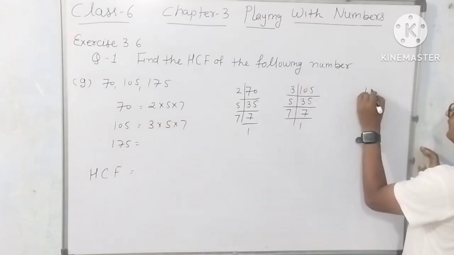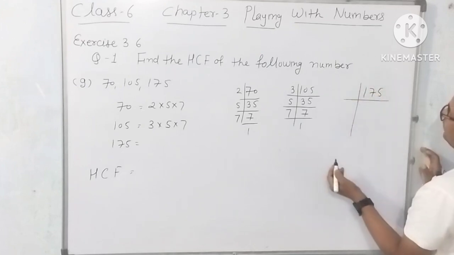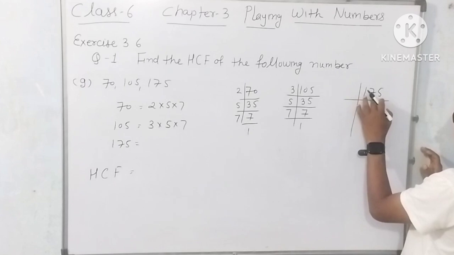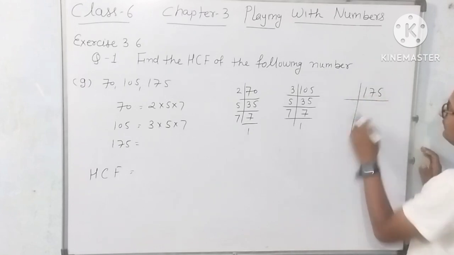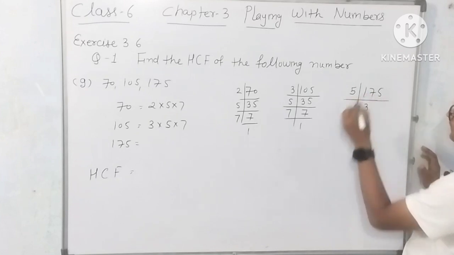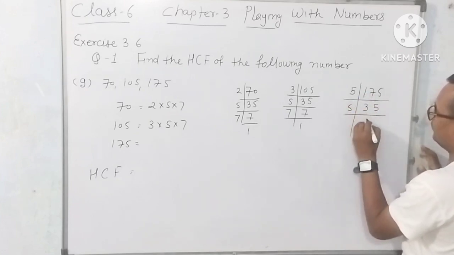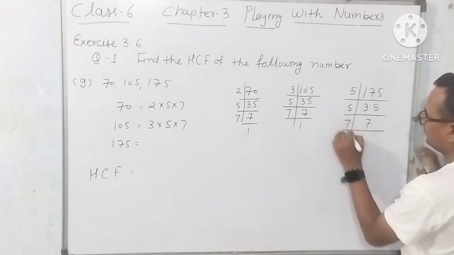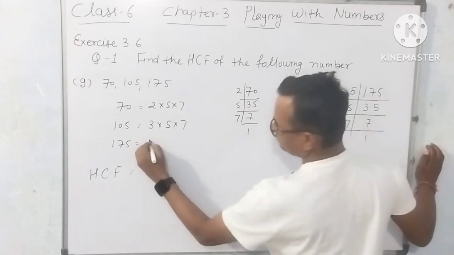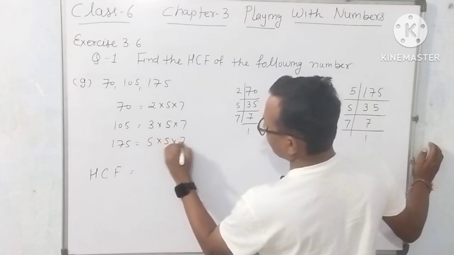Again for 175, it is divisible by 5. 5 plus 7 is 12, plus 1 is 13, so it is not divisible by 3. Let's check by 5. 5 3 is 15 and 5 5 is 25, 5 7 is 35, 7 1 is 7. 5 into 5 into 7.